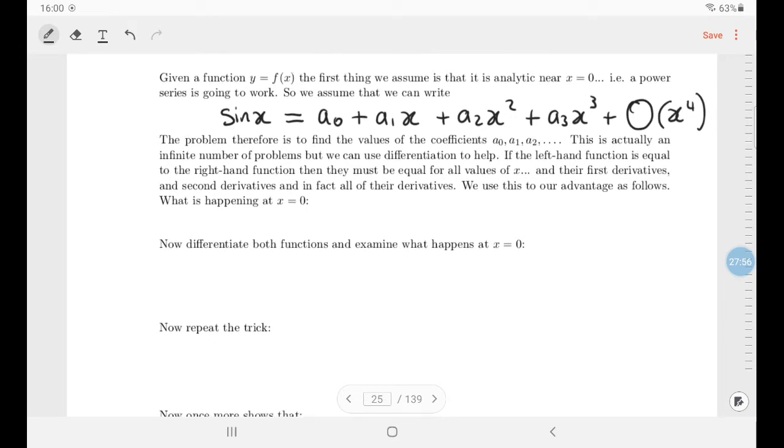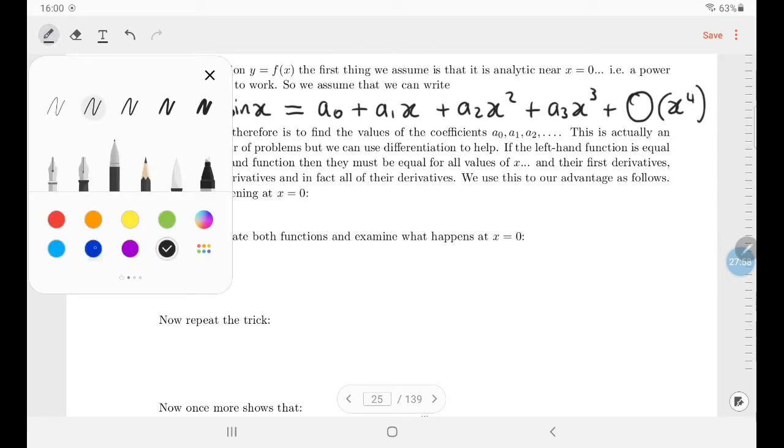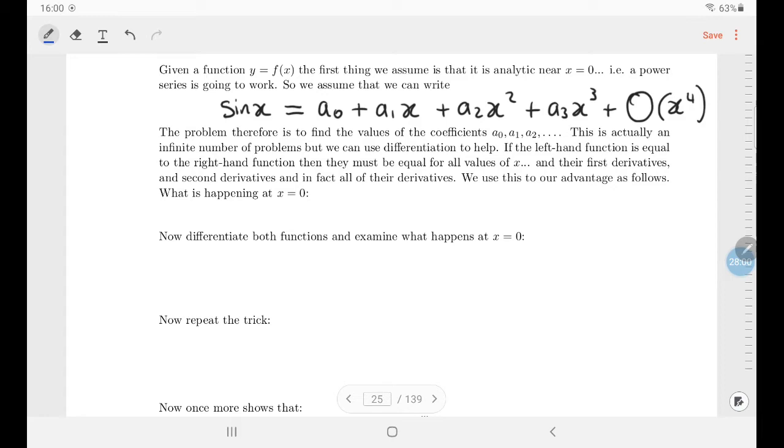So the first thing you do is you say, okay, what's happening at x equals 0? If you put in x equals 0 on both sides, you get sine of 0 equal to a0 plus a1 times 0 is 0, plus a2 times 0 squared is 0, plus a3 times 0 cubed is 0.